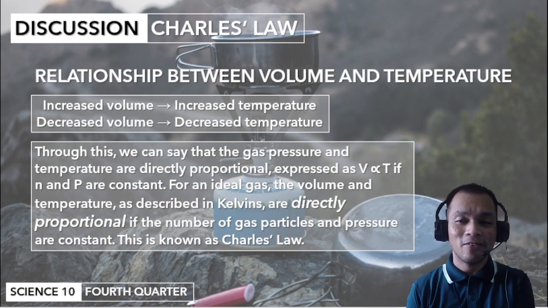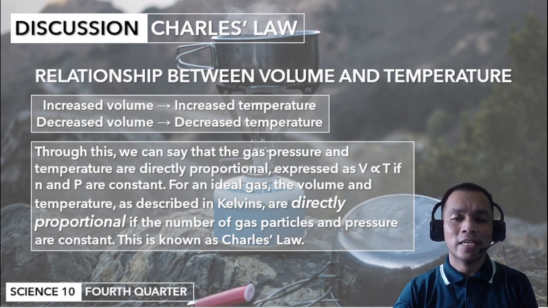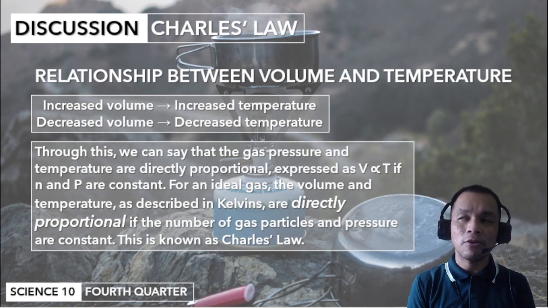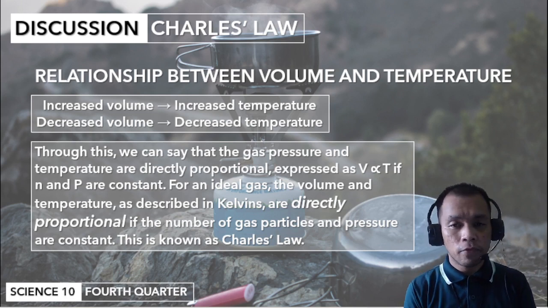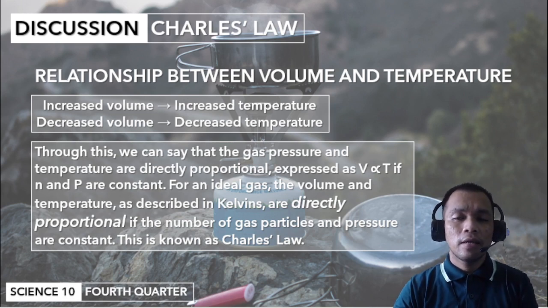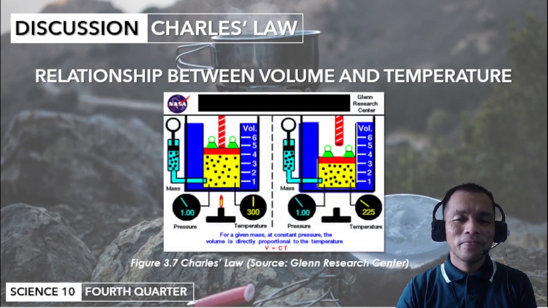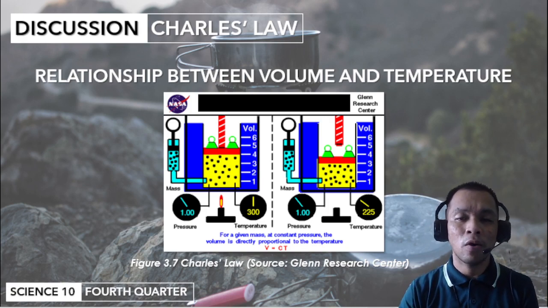Now you have the idea of the difference between Boyle's law and Charles' law, aside from the factors being considered, we also have the type of relationship. Again, for Boyle's law, we have the inversely proportional relationship, and for Charles' law, we have the directly proportional relationship. We also have the same kind of representation as in Boyle's law.